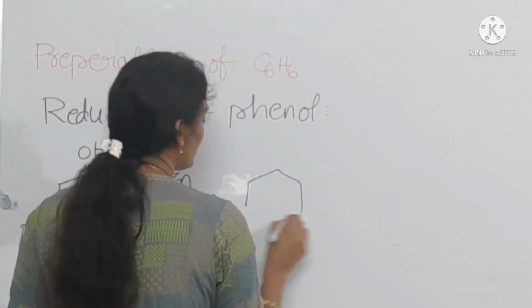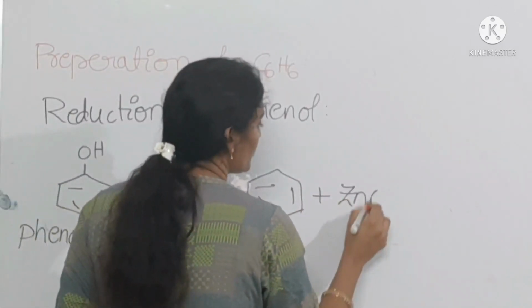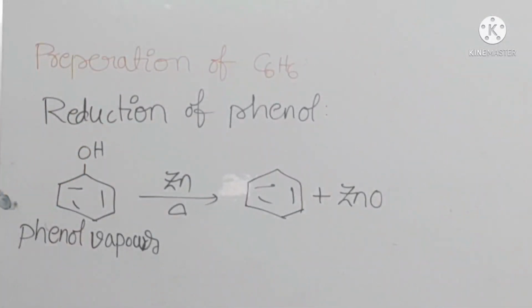What happens here? Benzene will be formed. The byproduct is zinc oxide. Okay, this is another preparation method.